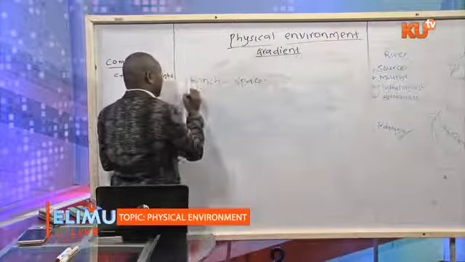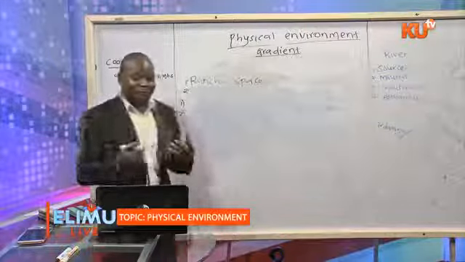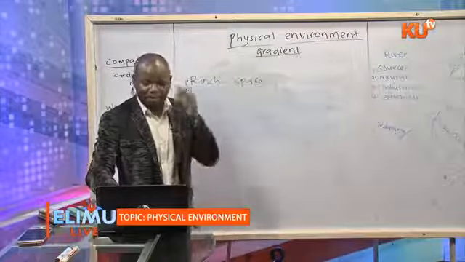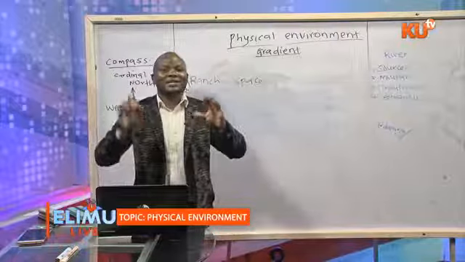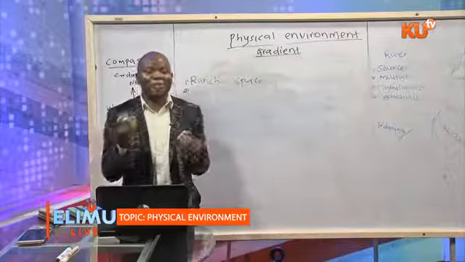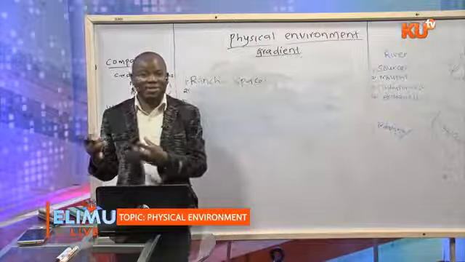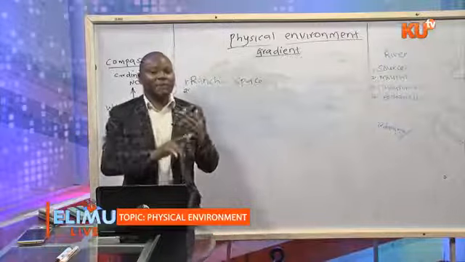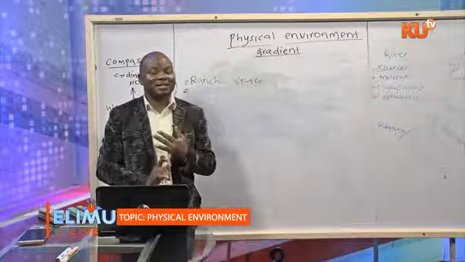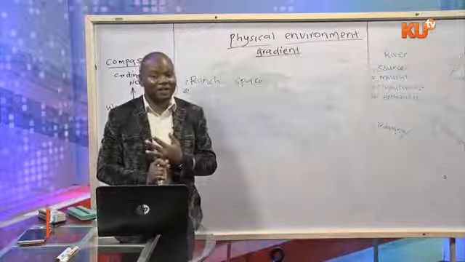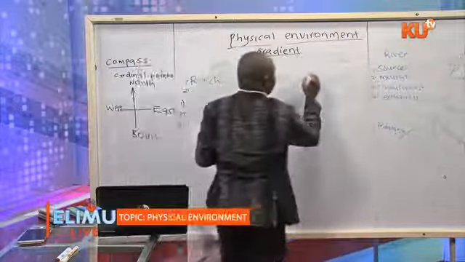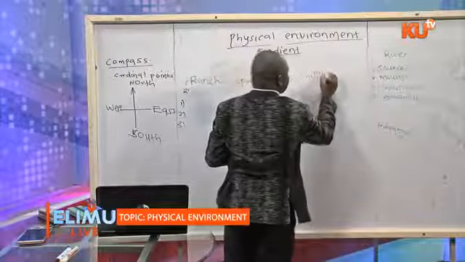Class, mark that one. Another point that you are supposed to know is that you must study the different symbols. One, we have the symbols that are used in the different religions. For example, we have Christianity.